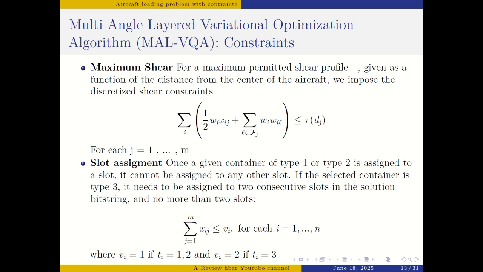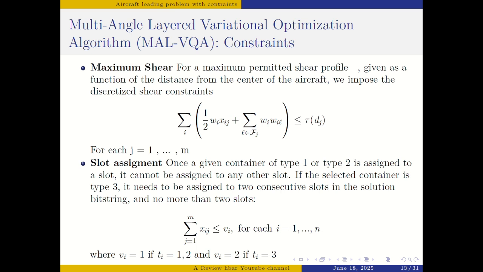Indeed, even if the overall load distribution respects the center of gravity limit, the aircraft can still be damaged if a particular section of the fuselage is subjected to excessive shear force. These constraints ensure that no part of the aircraft structure is overstressed by the accumulation of mass near or beyond a given point. Next comes the slot assignment constraint.